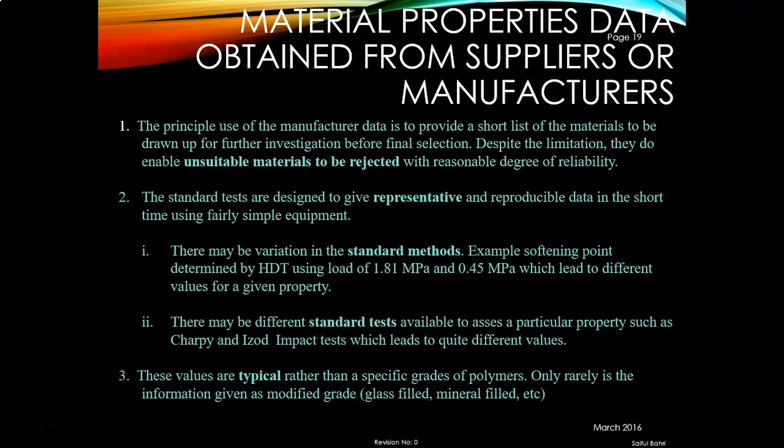Okay, now back to the material properties data obtained from suppliers or the manufacturers. So this slide is about the material properties data that we obtain from the vendor. Okay, so first thing, the principal use of the manufacturer data is to provide a short list of materials to be drawn up for further investigation before final selection.